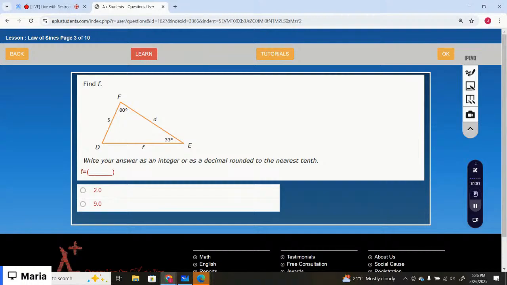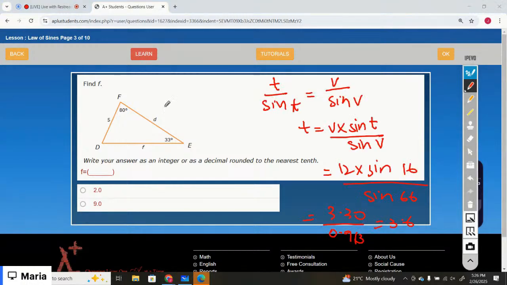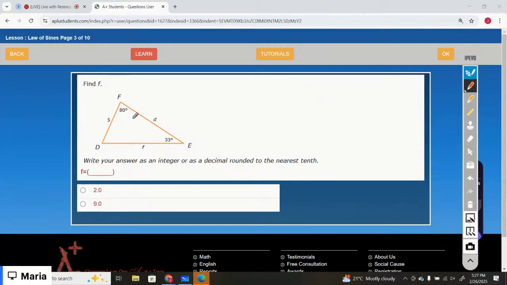Find f. E divided by sine E equals f divided by sine f.